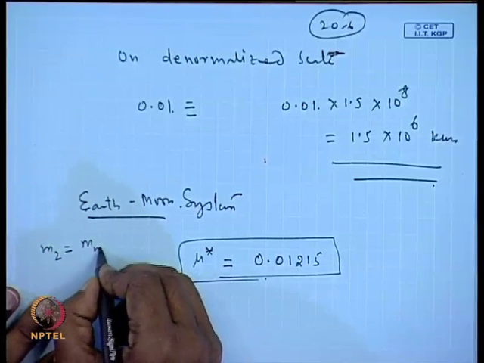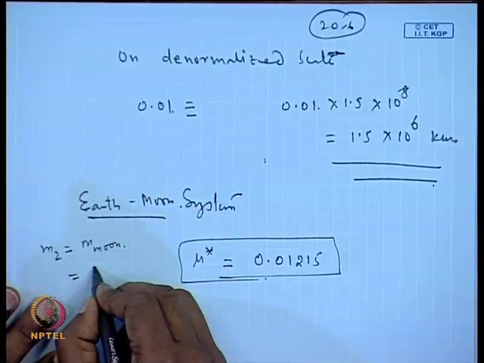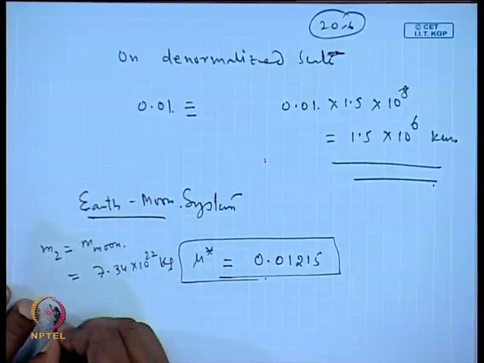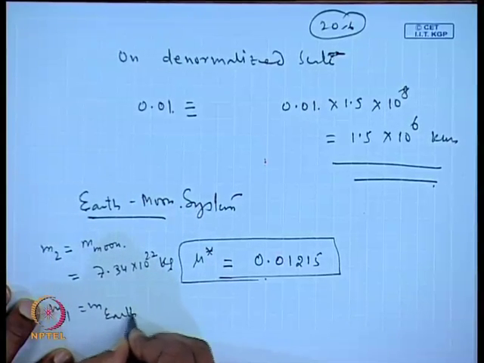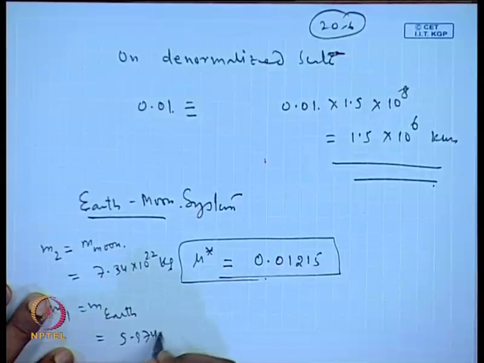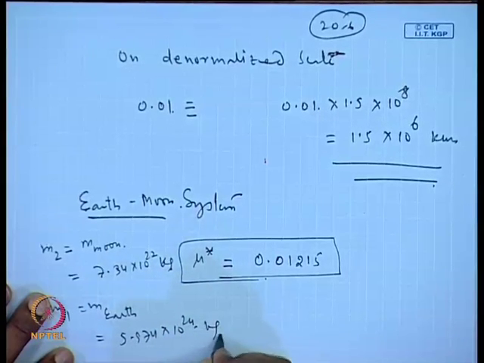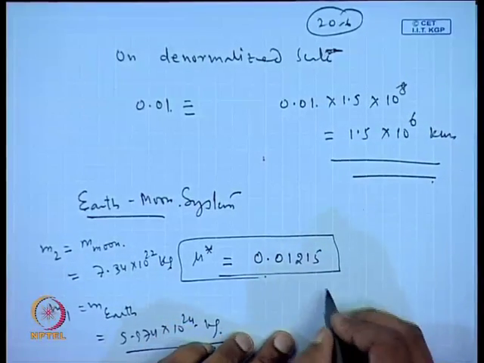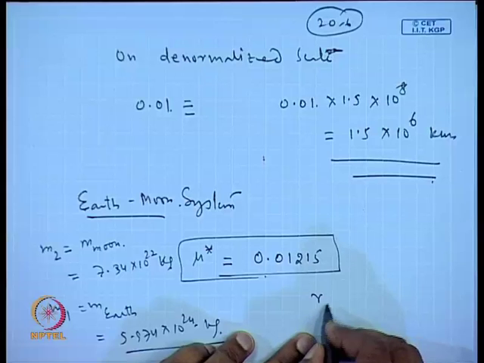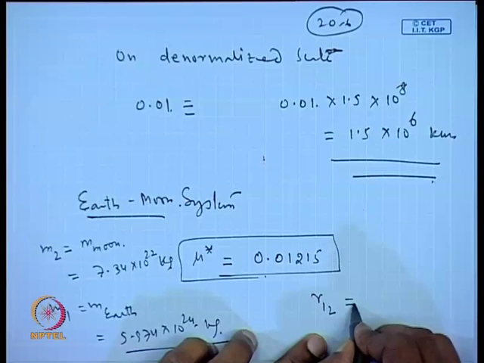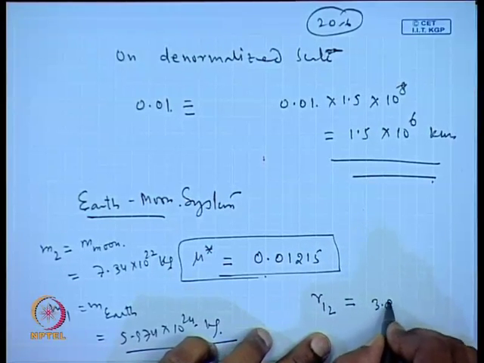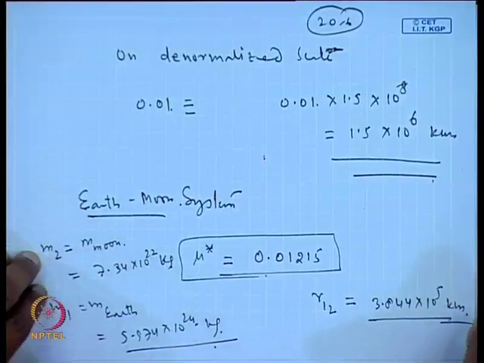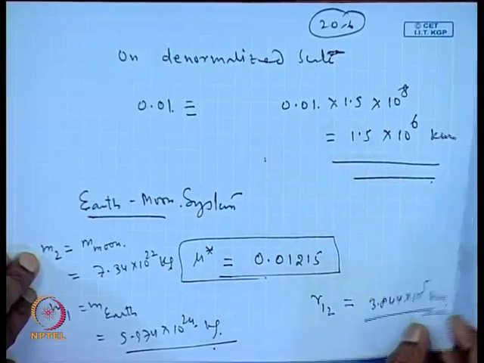So, m2 is nothing but m moon, which is equal to 7.34 into 10 to the power 22 kgs, and m1 is m earth, which is 5.974 into 10 to the power 24 kgs, and the distance between the earth and the moon, r12, is around 3.844 into 10 to the power 5 kilometers. So, using this you can do the same kind of computation and you can get the results.